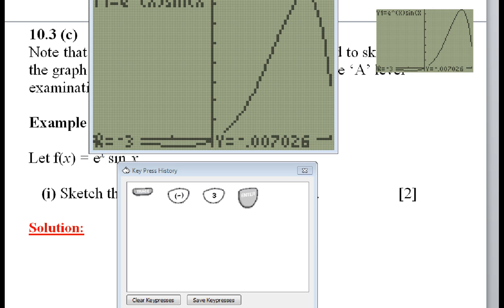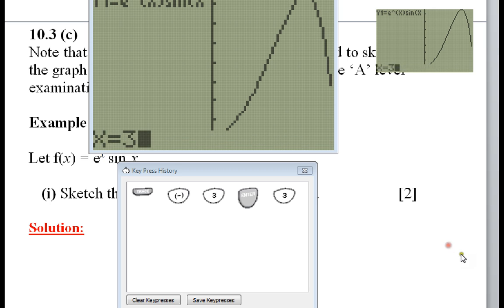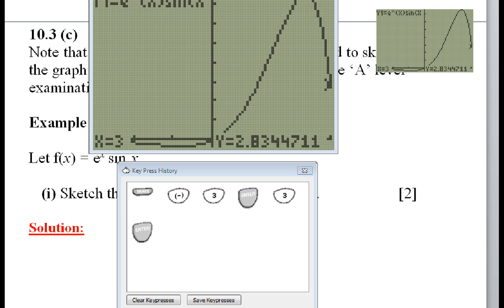Okay? Yes, sir. And the other side, this here, when X is 3, what you need to do is you press 3 and then enter. You will get this to 3SF as well. Not difficult. Then we should also be able to find the minimum point here and maximum point there. I am not going to go through. You should be able to handle this.